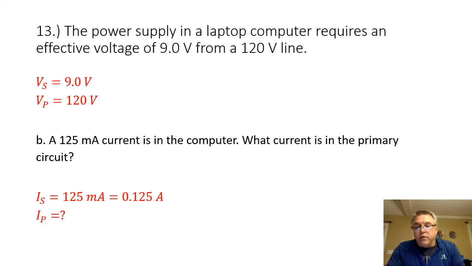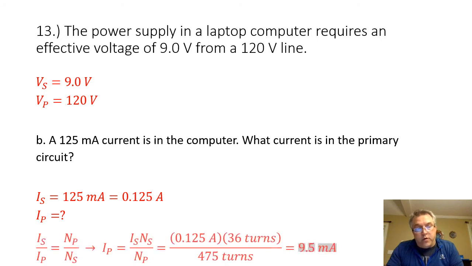And once again, I'm dealing with current, and from the previous part of the problem, I know the number of turns on the primary and the secondary coil, so I can use that information to find the current going into the primary coil. Once again, I'm just going to cross multiply and solve for the primary current.